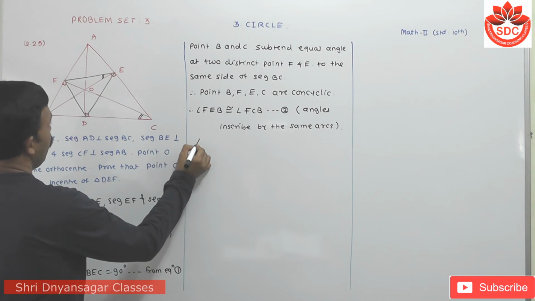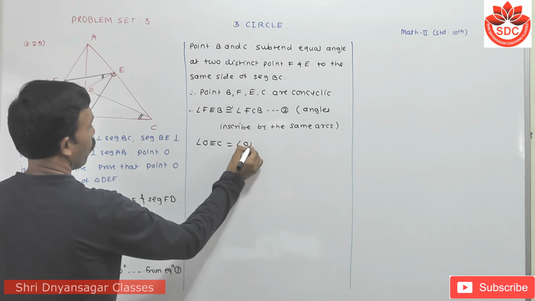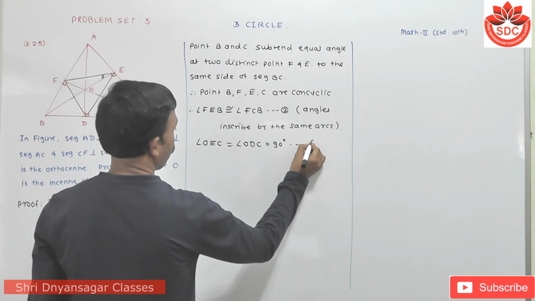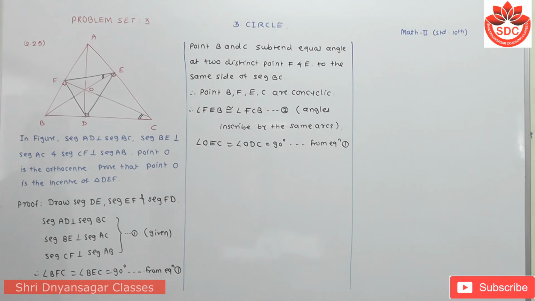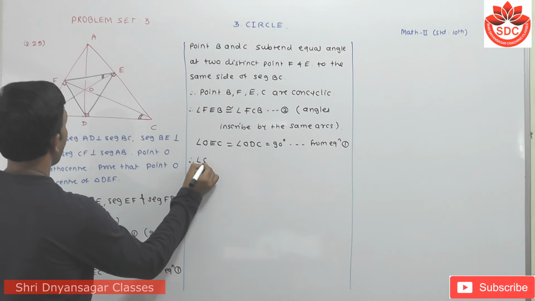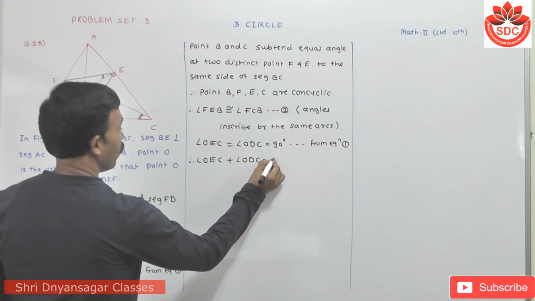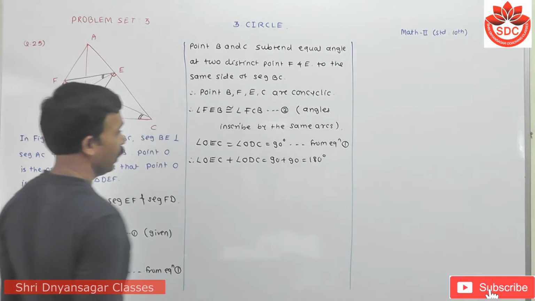So angle OEC is equal to angle ODC is equal to 90 degree from equation first. If you take the addition of these two, then it becomes 180 degree. Therefore, angle OEC plus angle ODC is equal to 90 plus 90, which is equal to 180 degree.